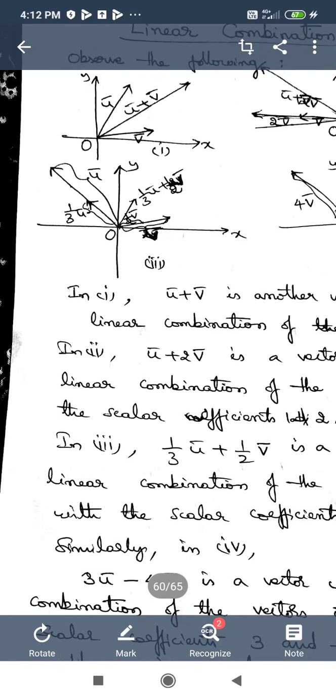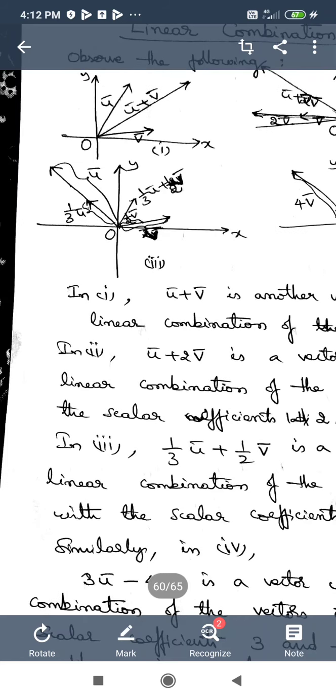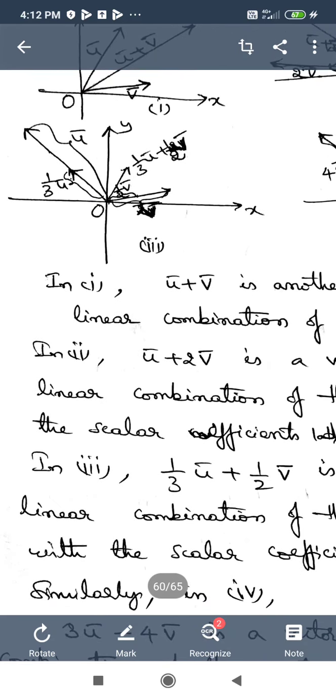And in the third figure we can see u bar in the x dash y plane and v bar in the xy plane. On the negative side of the x-axis we can see u bar, and on the positive side of the x-axis we can see the vector v bar. On the side of u bar I have represented another vector in the same line with the same direction, and that vector is representing 1/3 u bar, the scalar multiple of u bar by 1/3.